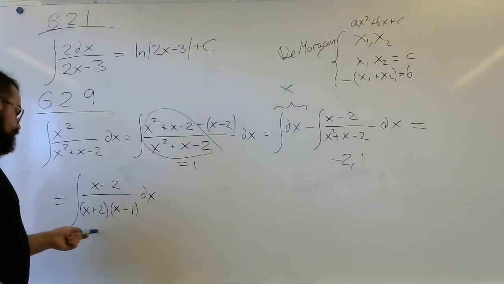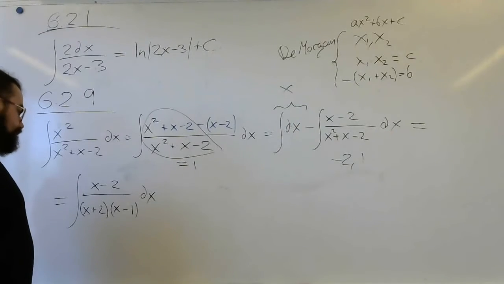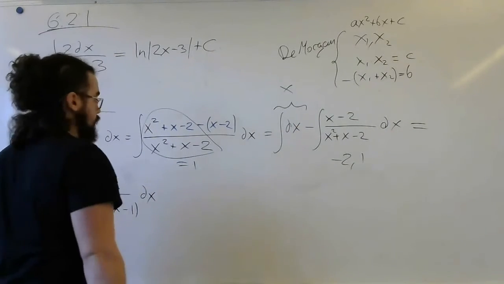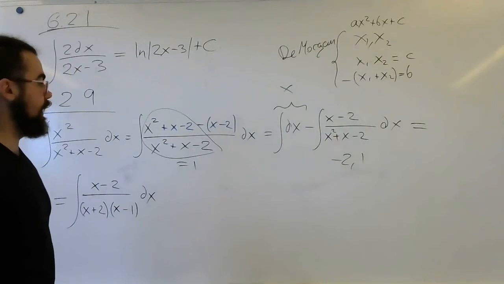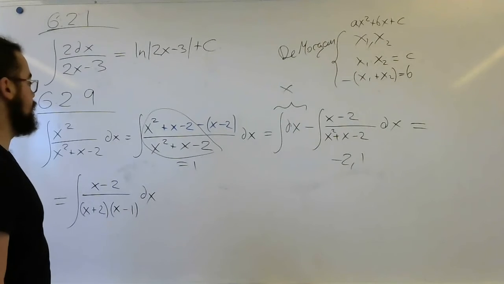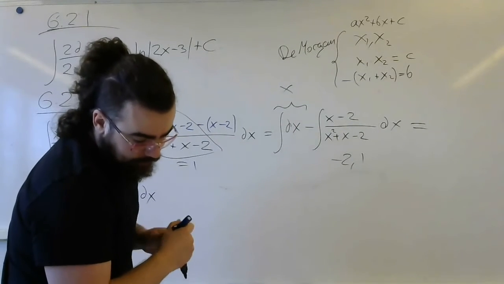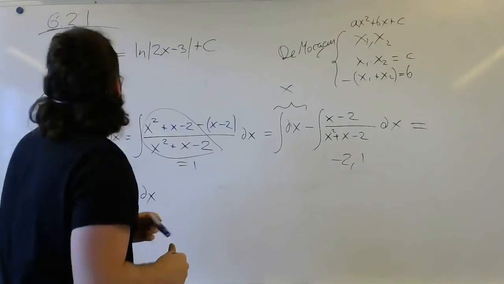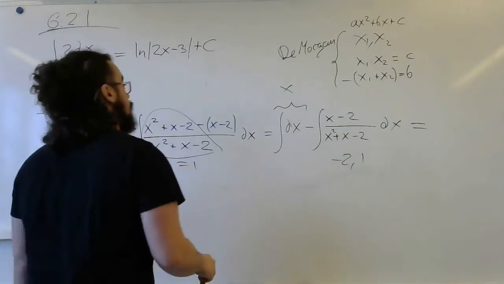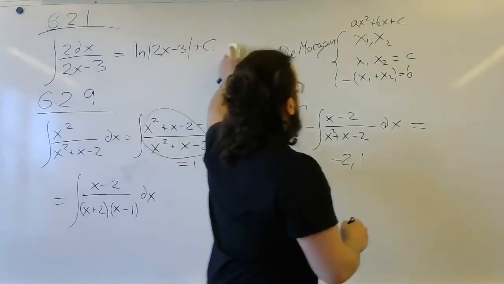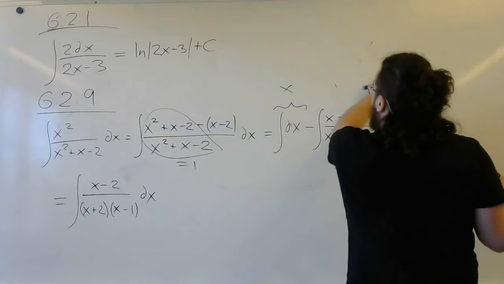So now we have to reduce these things in terms of simple fractions. Did I write the problem correctly? Yes, I did. So I'm going to delete the Morgan equivalences.